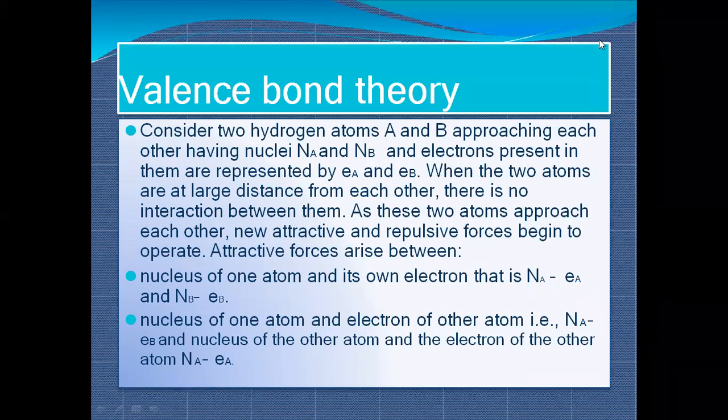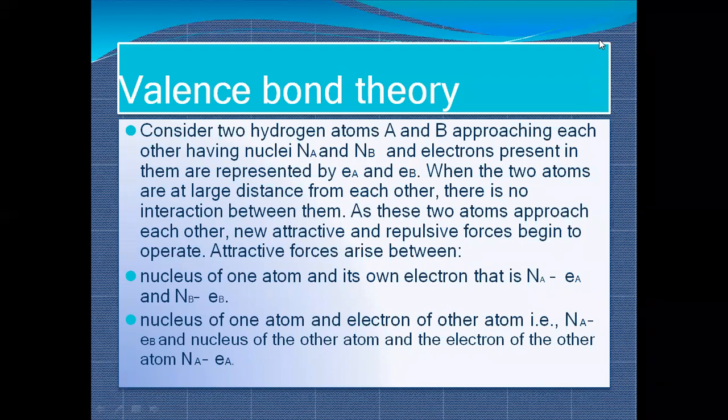When the elements come close to each other, different forces are exerted between the elements, and even between the electrons and nuclei of those elements. Many forces come in, and you can visualize attraction as well as repulsion there.